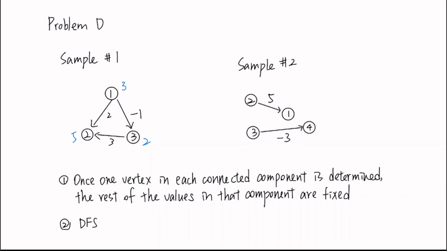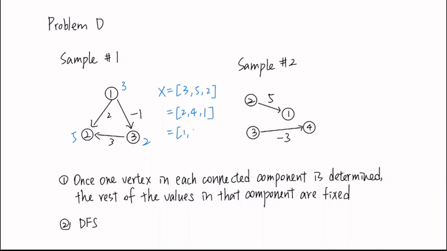We notice that there are multiple answers for this problem. For example, this solution, x is equal to 3, 5, 2. But we notice that an assignment that is equal to 2, 4, 1 will also work.